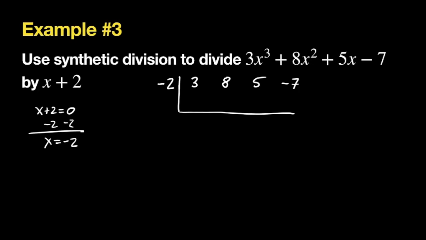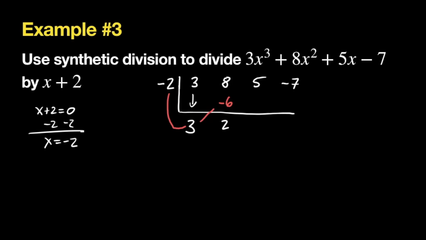The first step doing the synthetic division is we're always going to bring the first number down. So in this case, we have a 3. And we're going to multiply -2 times 3. That will give me -6. 8 minus 6 gives me 2.